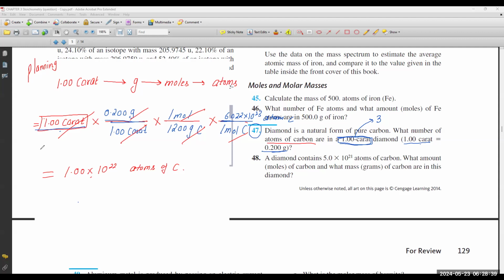So to practice the calculator, after cancelling the units, put all the numbers in the numerator. 1.00 times 0.200 times 1 times 6.022 times 10 raised to power 23. These are the numbers in the numerator. In the denominator, put parenthesis.